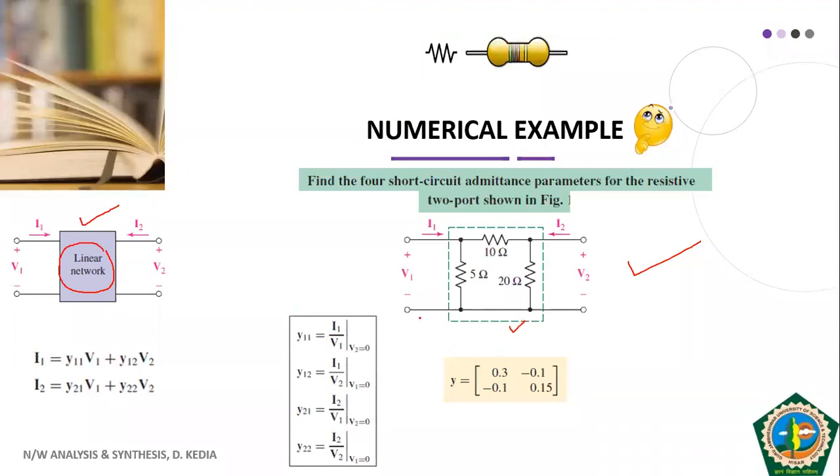Your linear network consists of three resistances, 5 ohm, 10 ohm and 20 ohm. These are the two terminals: one at the input, port 1, and this is port 2. So this is a very simple two-port network having resistive elements only.